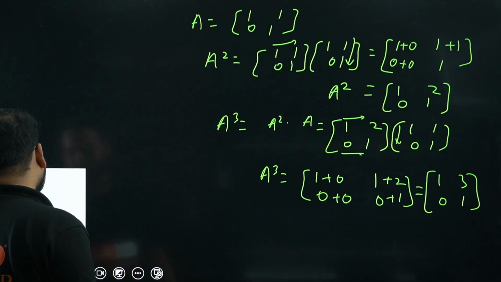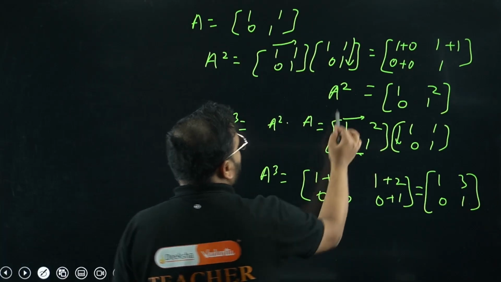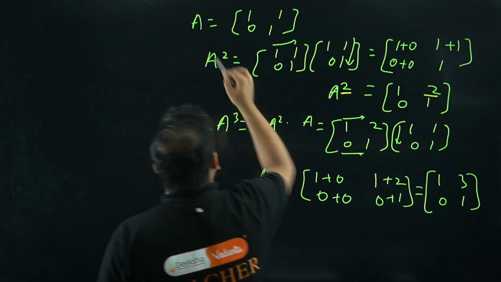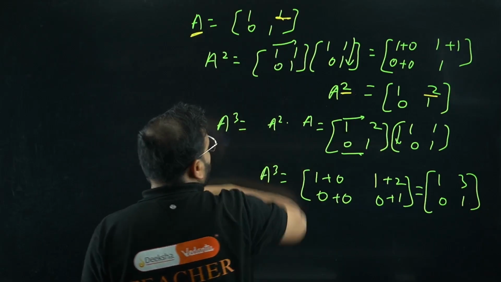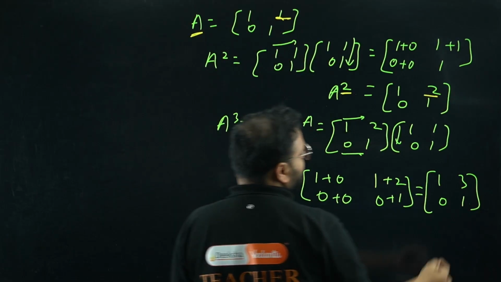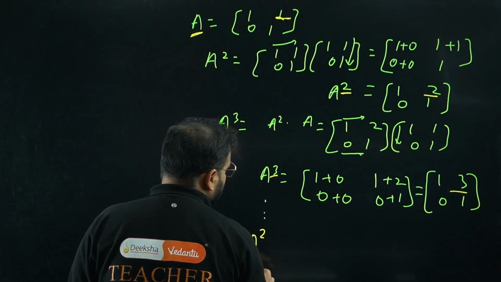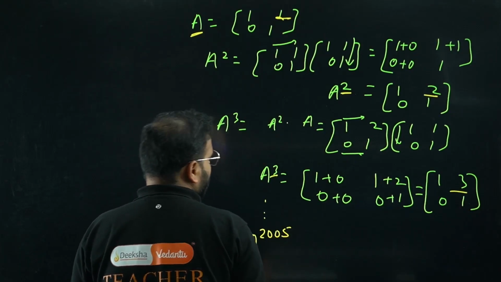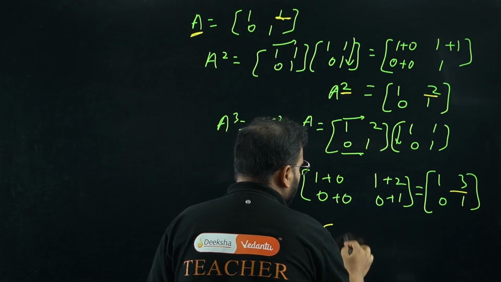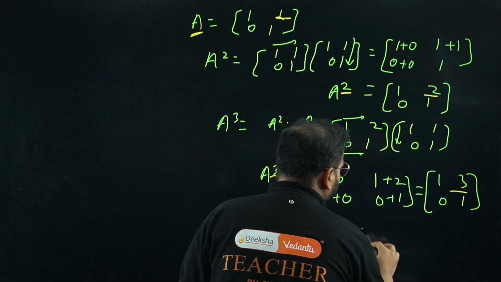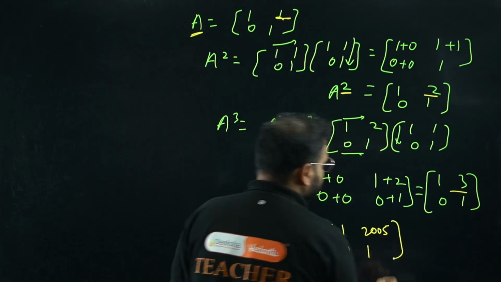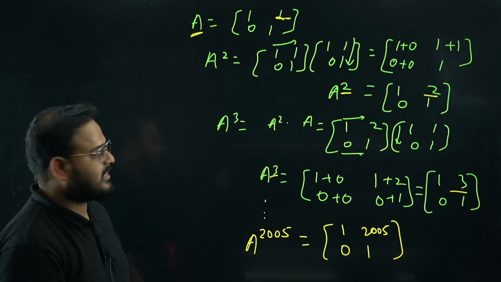So you can check here what I'm getting. When I had A square, this became 2. When I had A, it became 1 only. When I am having the cube, it will become 3. So if I keep going like this, A power 2005, I'll get [[1,2005],[0,1]]. Correct, no? Check the trend.